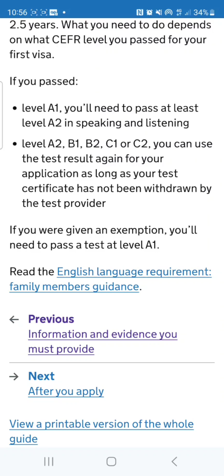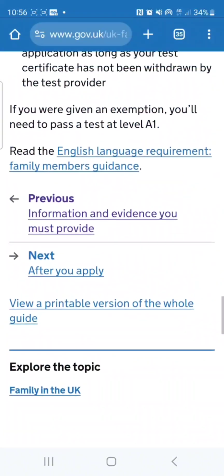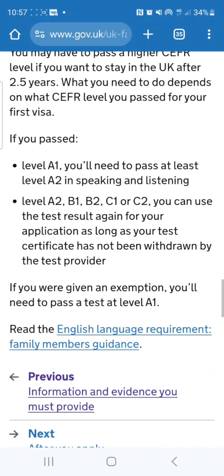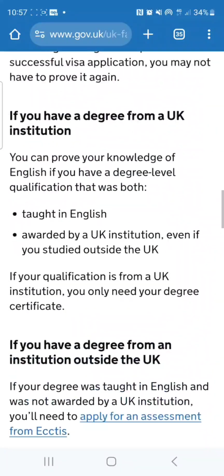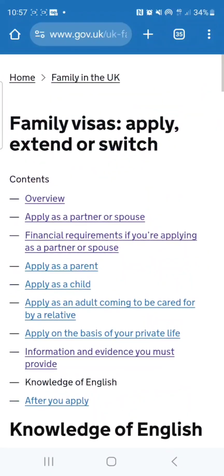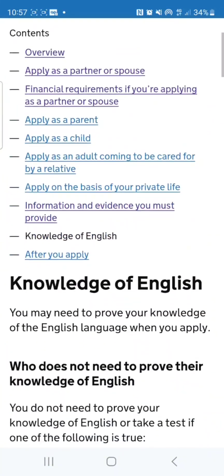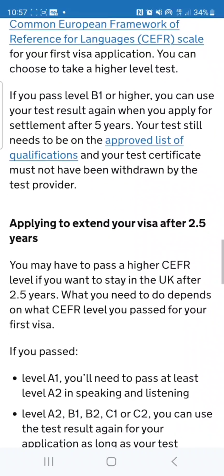So that's quite a lot of detail for the knowledge of English language. You must pass an English language test, or if you have a degree from the UK, you can apply for the spouse visa extension.